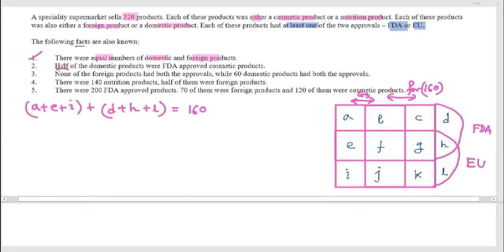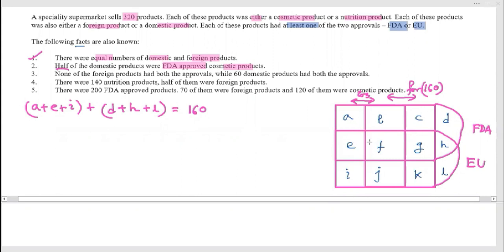Second point: half of the domestic products were FDA approved cosmetic product. Which one is domestic? These two columns. Domestic means these two columns, and FDA approved is this entire part.